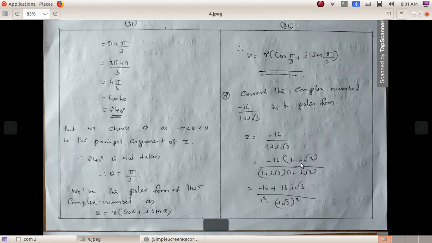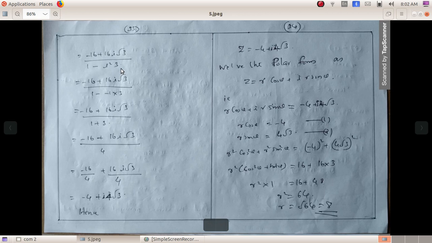There is no problem in multiplying both numerator and denominator by 1 minus i root 3. Expanding the numerator, minus 16 into 1 is minus 16, plus minus 16 into i root 3, which gives 16 i root 3. In the denominator, a plus b into a minus b is a square minus b square, that is 1 square minus i square root 3 square, so 1 minus minus 1 into 3, that is 1 plus 3, 4.